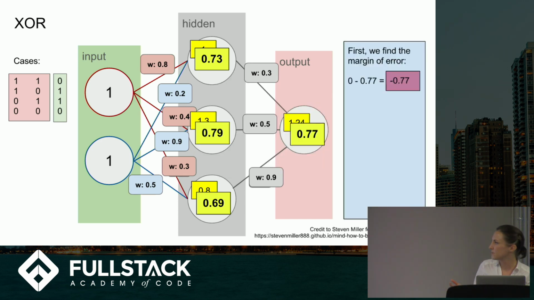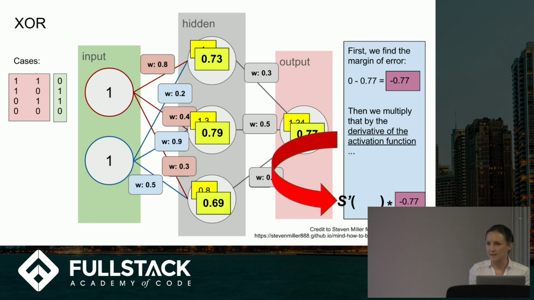So in order to get the margin of error, it's pretty easy. You take what you wanted, 0, and you minus what you got. So our margin of error is negative 0.77. And then there's some more fancy math. This time, instead of using an activation function, before we were using something called the logistic sigmoid. Now we use its derivative.